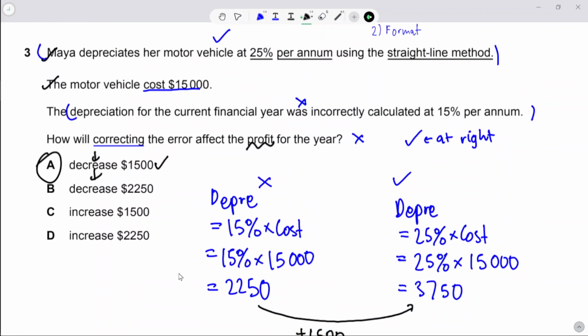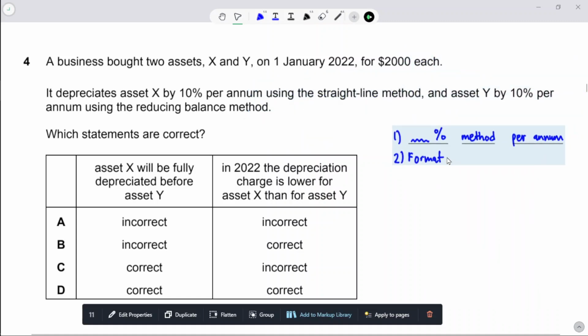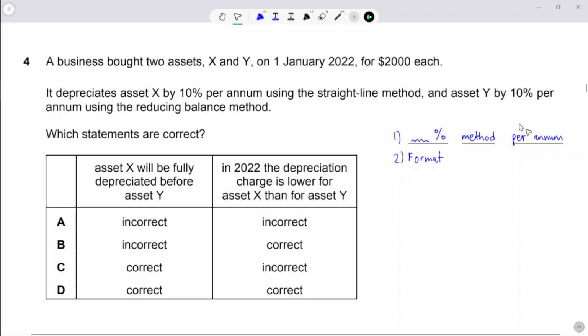Okay, now let's go to question 4. So first thing percentage method and per annum. Then let's do the format.